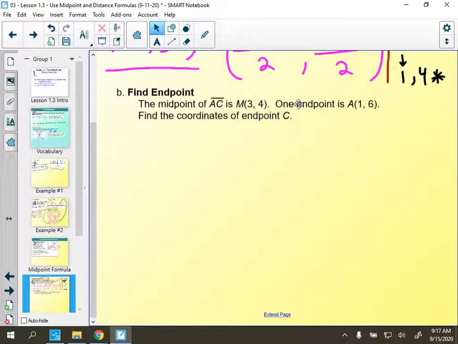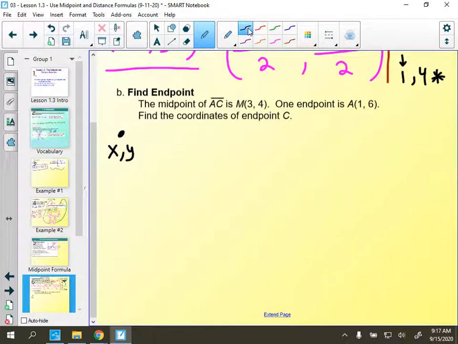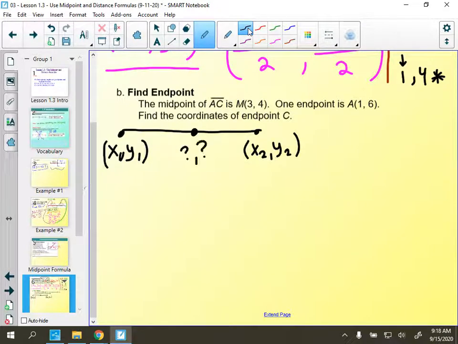Okay? Or in other words, here was the previous example. We knew the endpoint. We knew x and y, x1 and y1. We knew the other endpoint, x2 and y2. This was the previous example, and we were able to figure out, hey, what are these 2 points in the middle there?